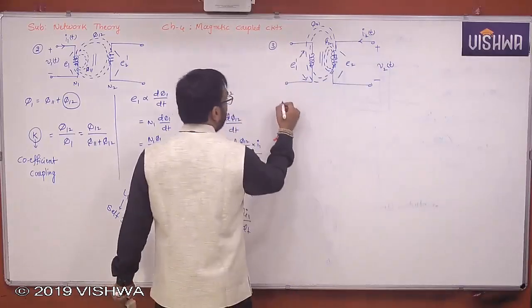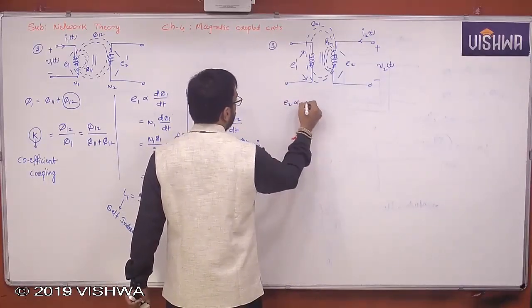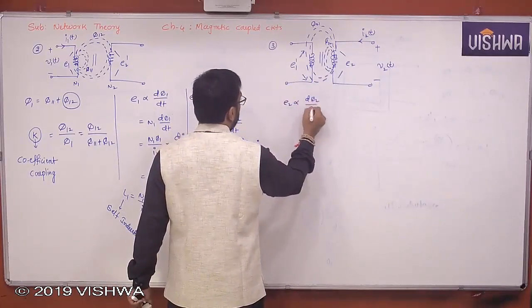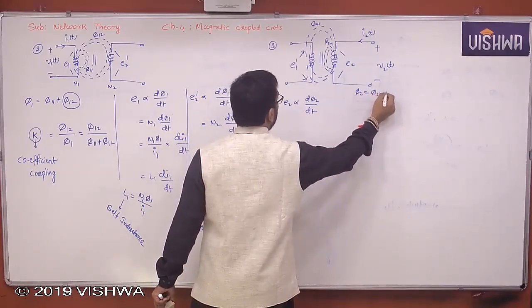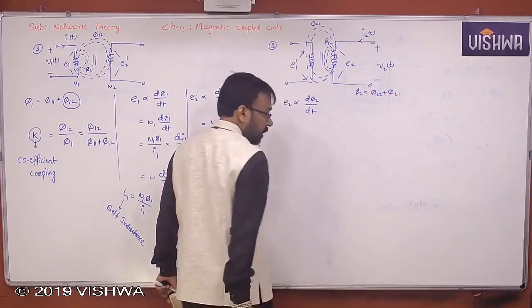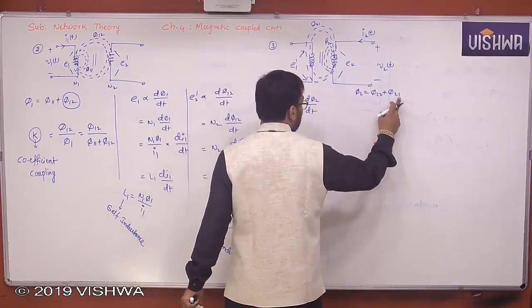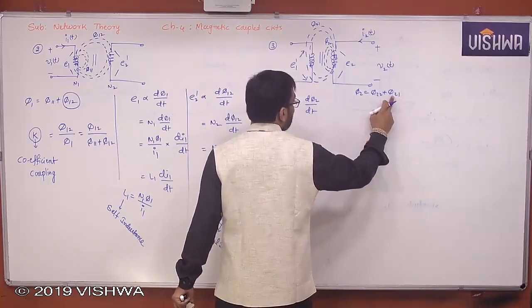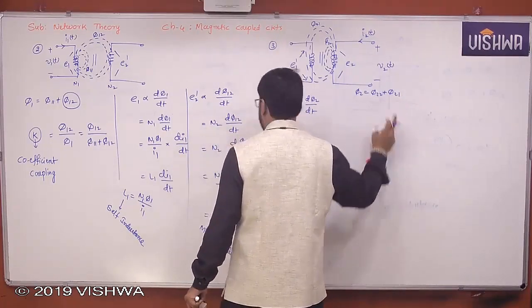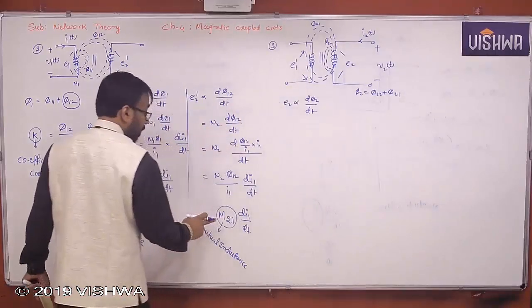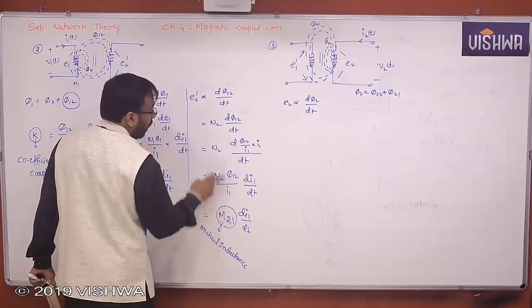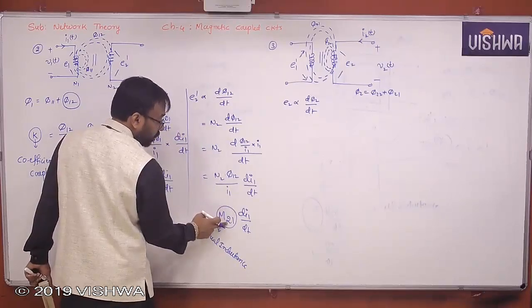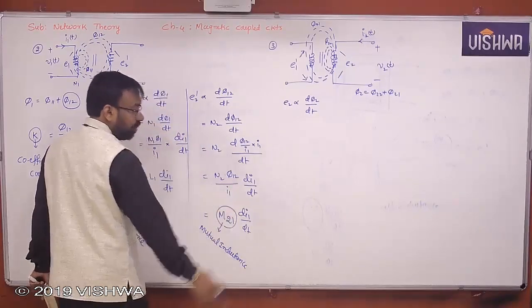Therefore, what you get here is E2 directly proportional to d phi 2 by dt. What is phi 2? Phi 2 2 plus phi 2 1, the flux linking with the primary coil due to the excitation of the secondary coil. Whereas M21 indicates the EMF induced in the secondary coil due to the excitation of the primary coil.